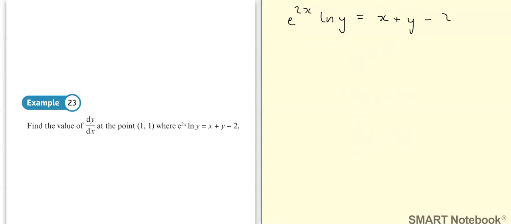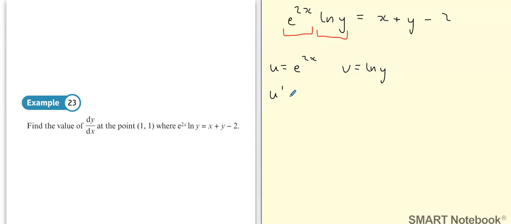Now, firstly, we have to recognize all the techniques of differentiation we've learned before still apply here. So product rule is still going to apply here. So what I'm going to do first is say u equals e to the 2x and v equals ln y.